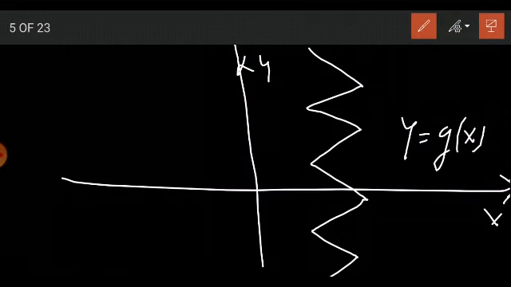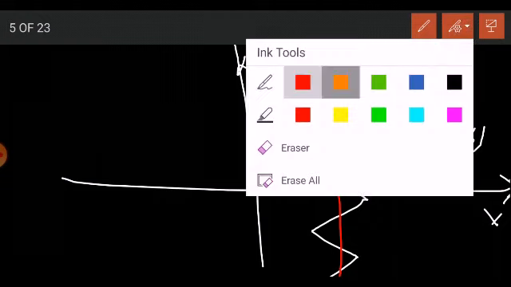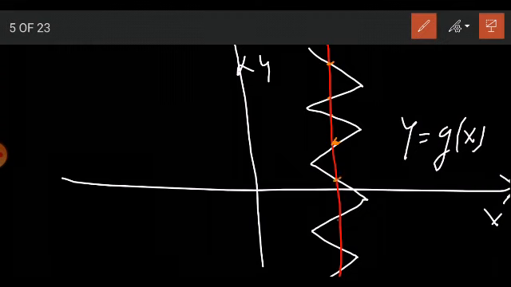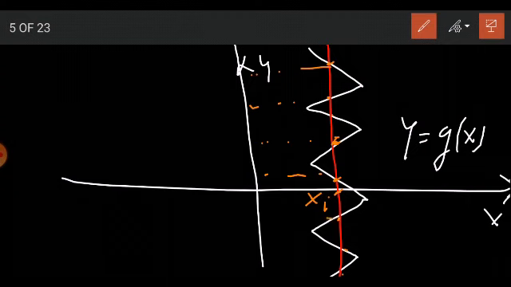Now draw a line parallel to the y-axis. As you see here, it cuts at several different points, not only one point. This one, this one, this one. For this particular x, we find different values of y over here. So a lot of images are there.